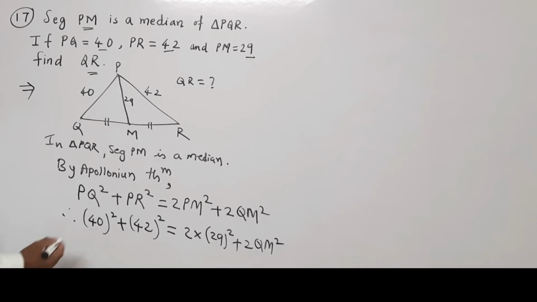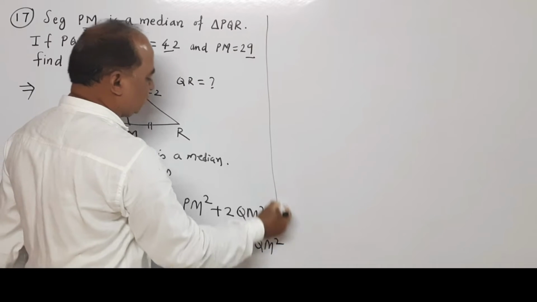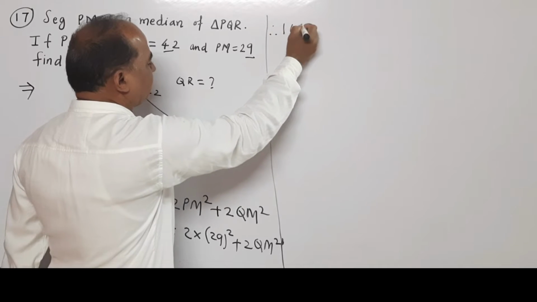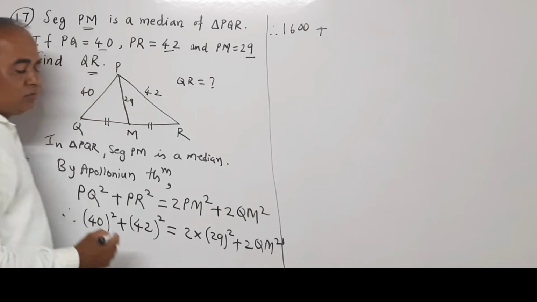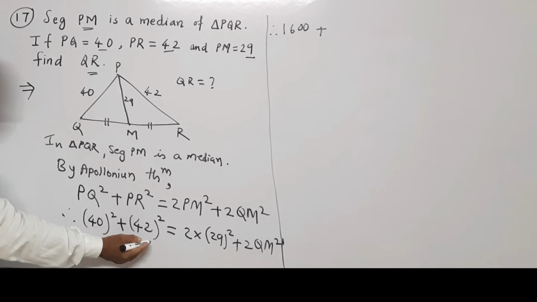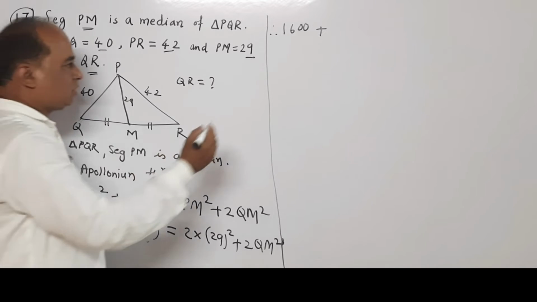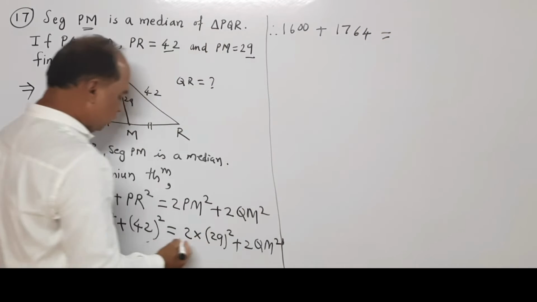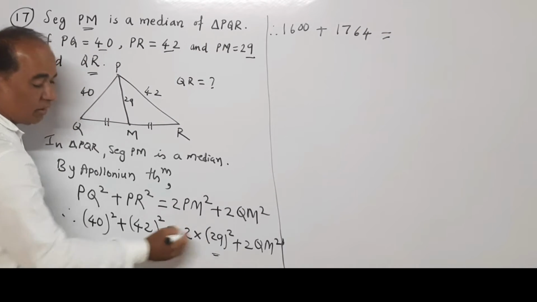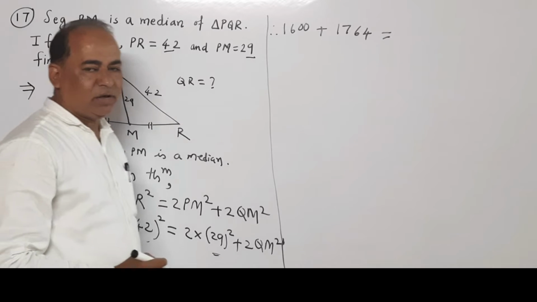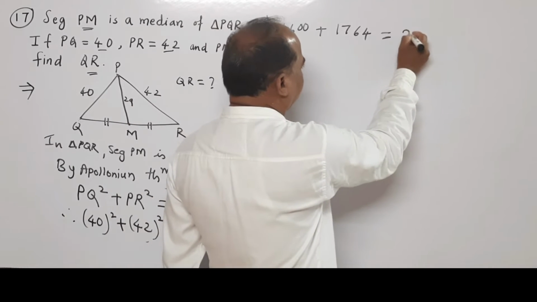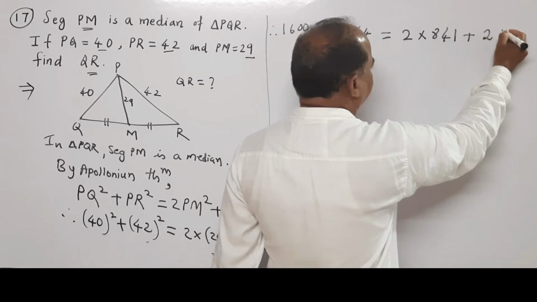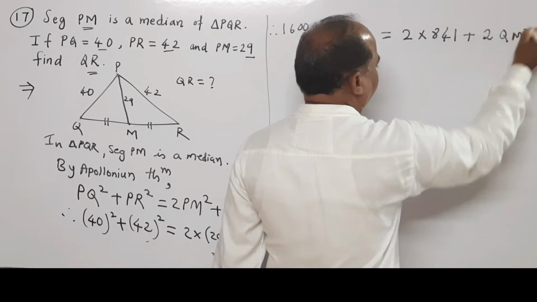Now square of 40 is 1600, square of 42 is 1764, is equal to 2 times 29 square, 29 square is 841, so 2 into 841 plus 2 times QM square.